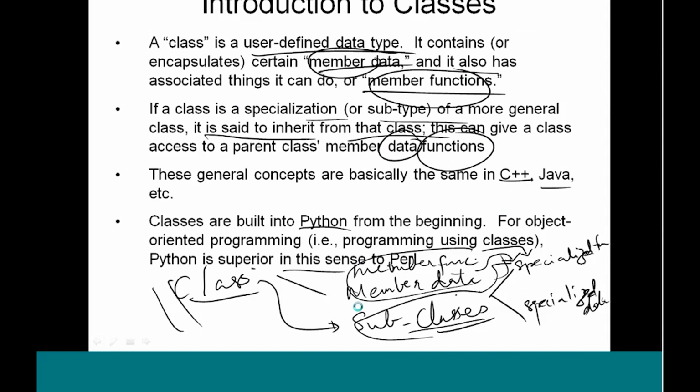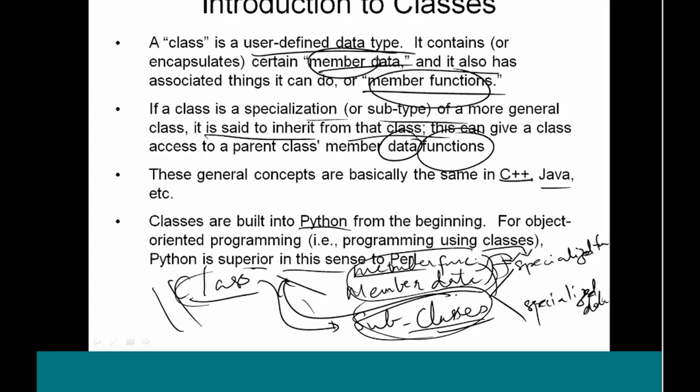Essentially it's like any other object oriented language. So it has member functions and member data for the class, and then you can also define subclasses which inherit all the properties of the original class.